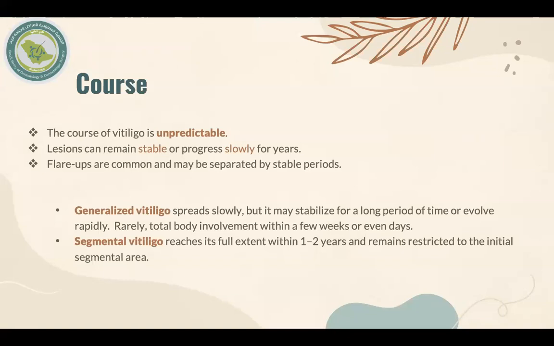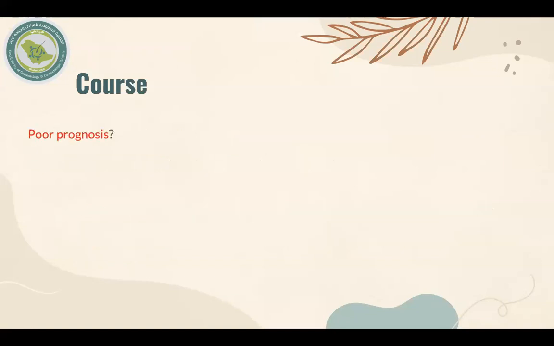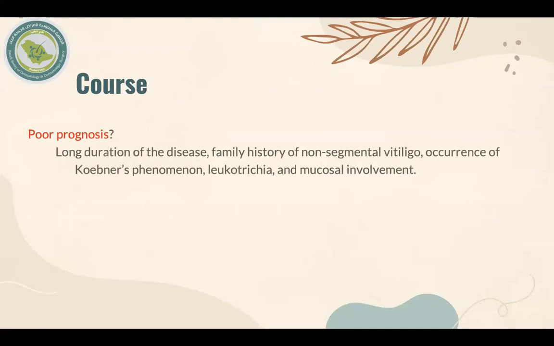But segmental vitiligo reaches its full extent within 1 to 2 years and remains restricted to the initial segment area. Factors that indicate a poor prognosis are a long duration of the disease, family history of non-segmental vitiligo, Koebner phenomena, leukotrichia, as I said earlier, and mucosal involvement.